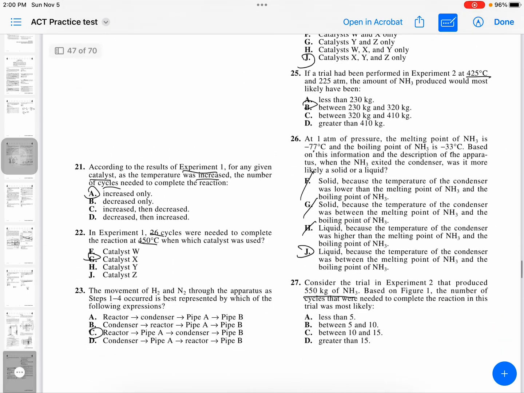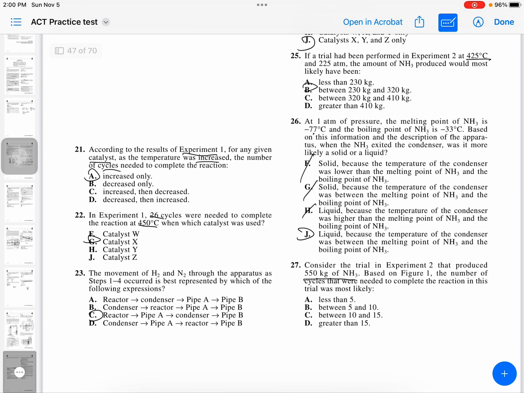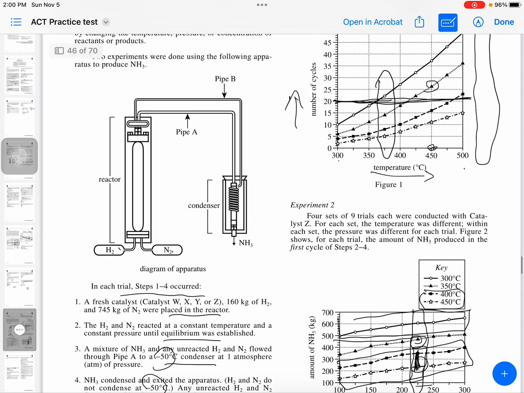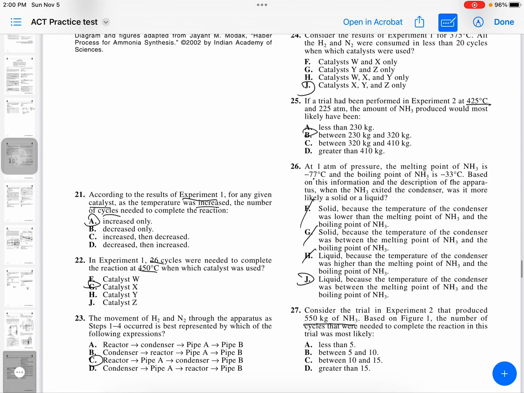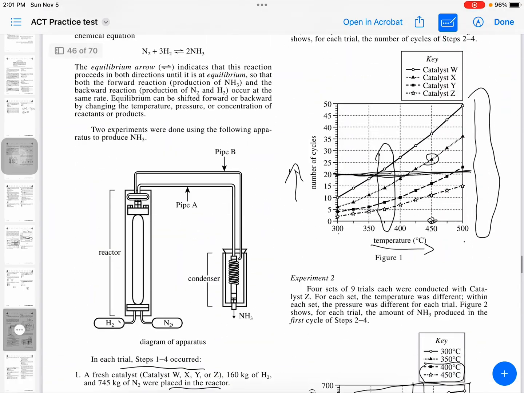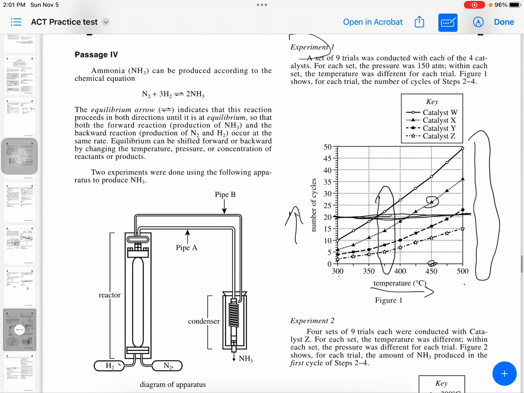The number of cycles for catalyst, does it tell us a catalyst? It does not. Oh, 550 kilograms. Figure 1, 150 for catalysts.